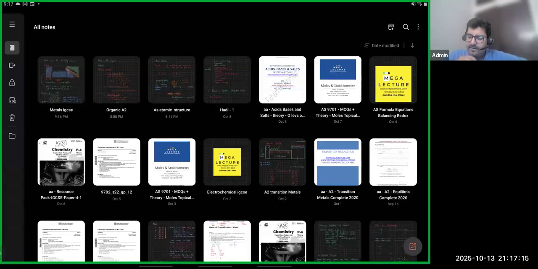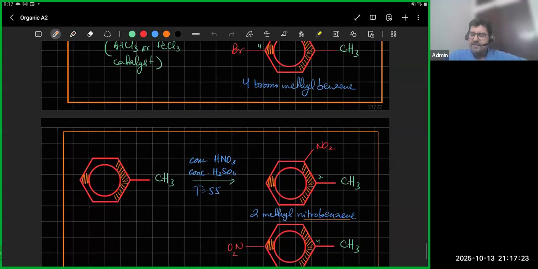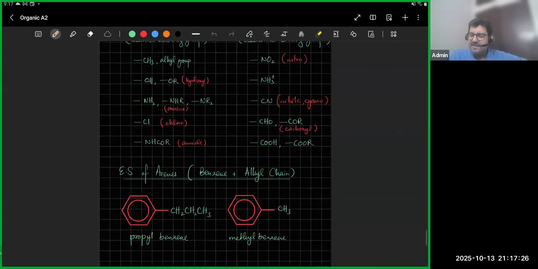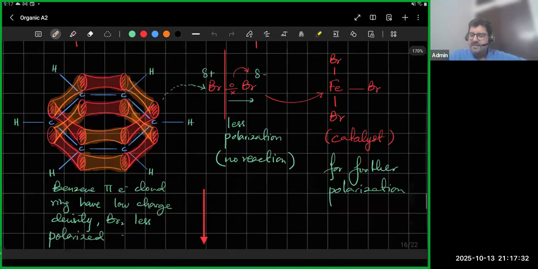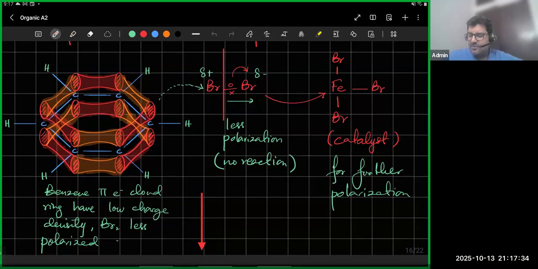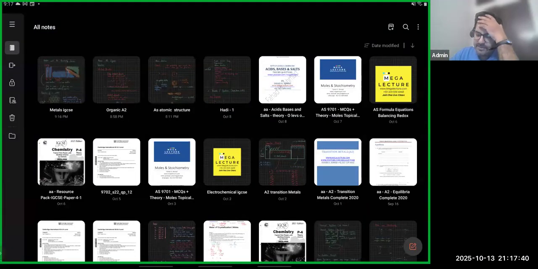A levels is obviously difficult, it's more difficult. One second. In A levels all subjects are difficult, not just chemistry. A lot of people find the most difficult subject is physics in A levels.